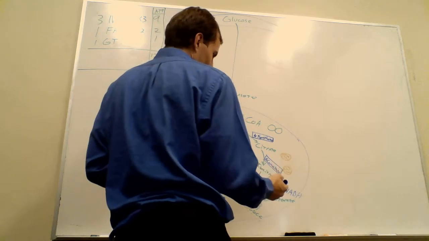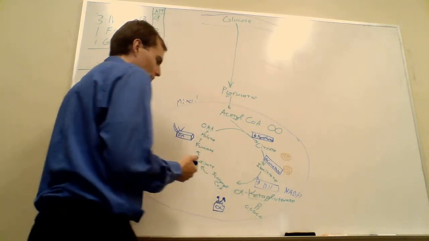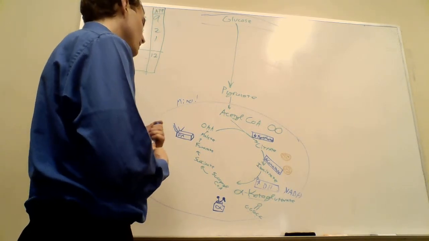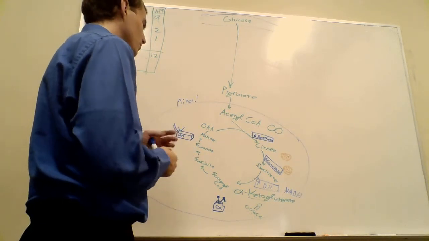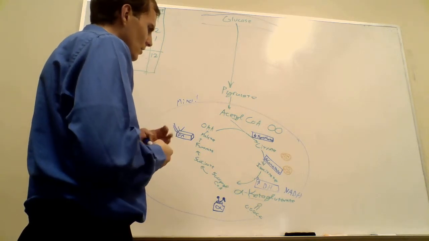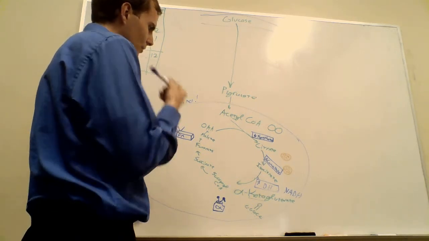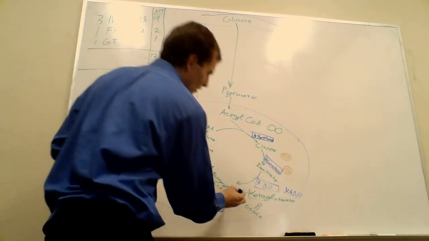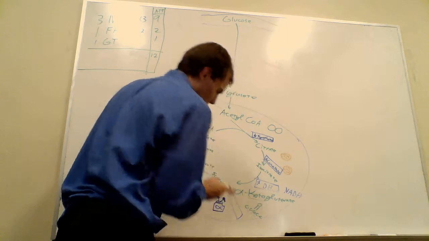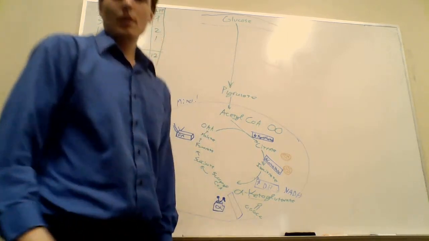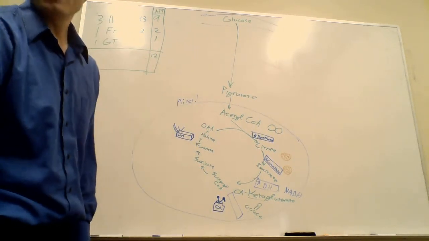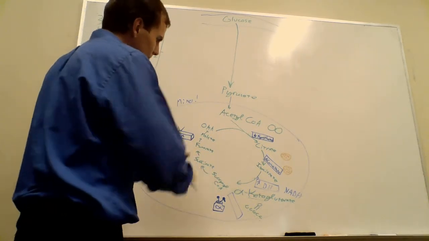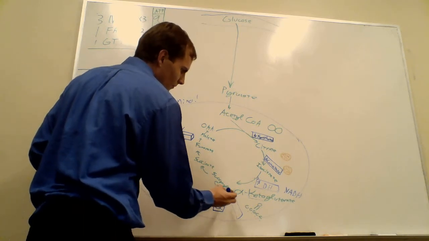And moving from there, alpha ketoglutarate is what is formed, and alpha ketoglutarate going to succinyl-CoA is going to be alpha ketoglutarate dehydrogenase.